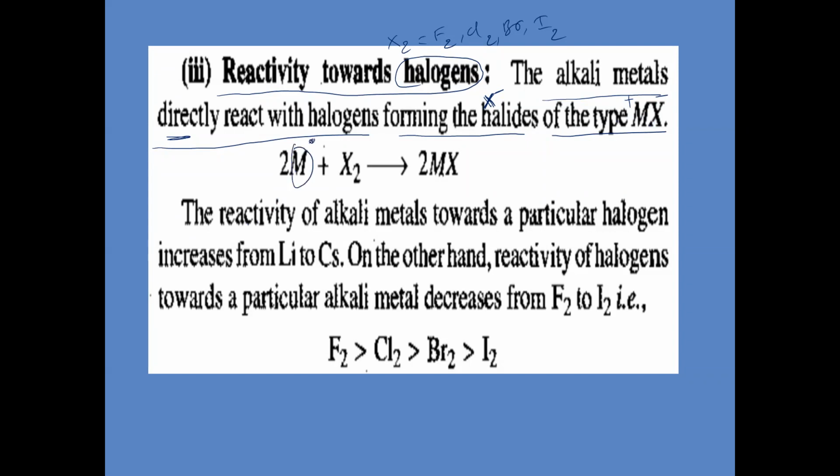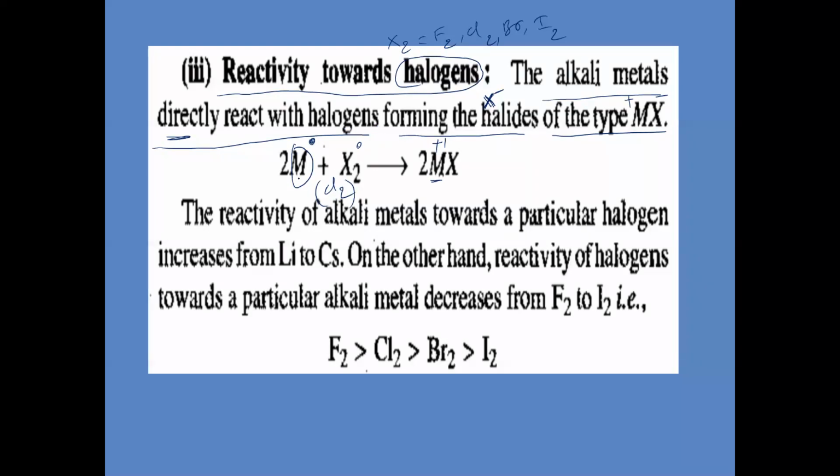Each alkali metal atom has zero charge, and each halogen atom has zero charge. In a halogen molecule like Cl2, each atom is zero charged. Here M0 is going to M plus 1. Zero to plus 1 is an increase in the charge, and increase in the charge means oxidation.